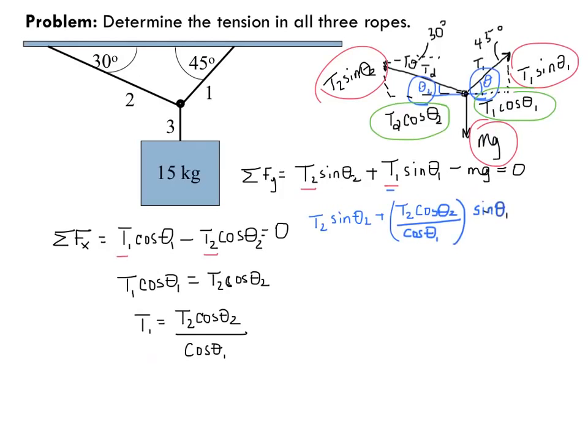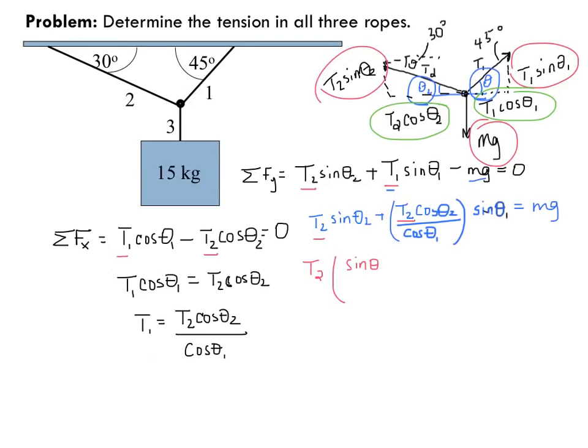And because I know that I'm going to try to solve for T2, I'm going to go ahead and move mg to the other side now. So it becomes a positive mass times gravity. Now here it might look a little messy, but my goal is to solve for T2. And there's a T2 in both of these sections. So all I need to do is factor out a T2.